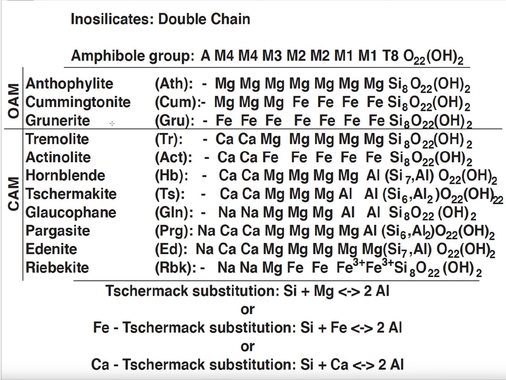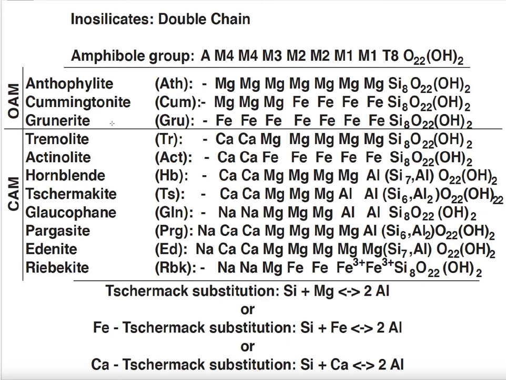We are replacing silica plus magnesium with 2 aluminium. So we are putting on the smallest octahedral space aluminium. Aluminium is a little bit smaller than magnesium and a little bit bigger than silica, so aluminium can be located on the tetrahedral side as well as on the octahedral side.